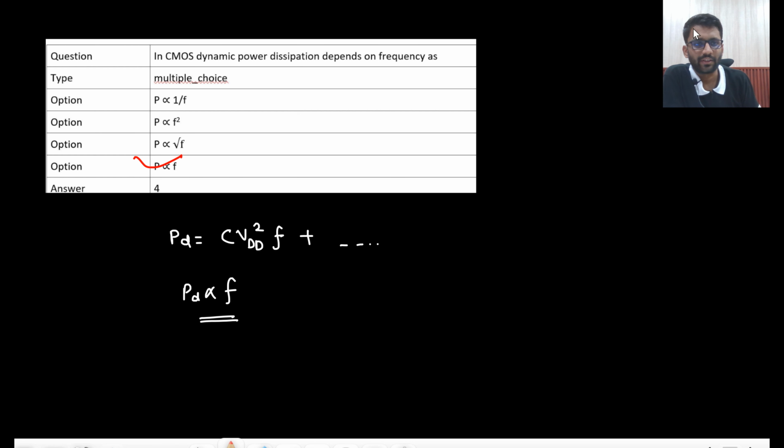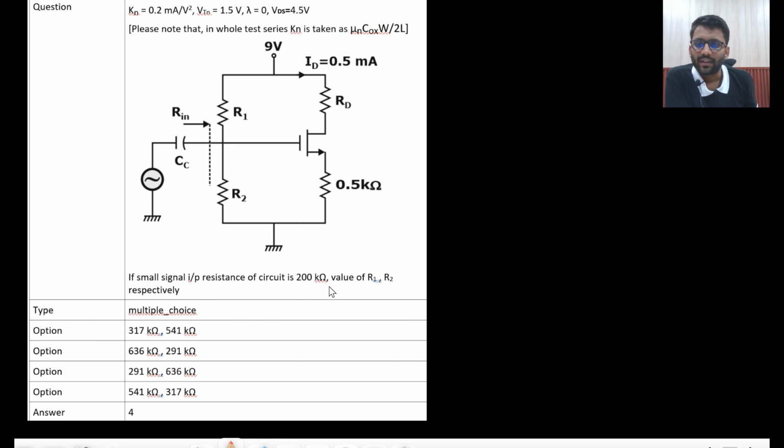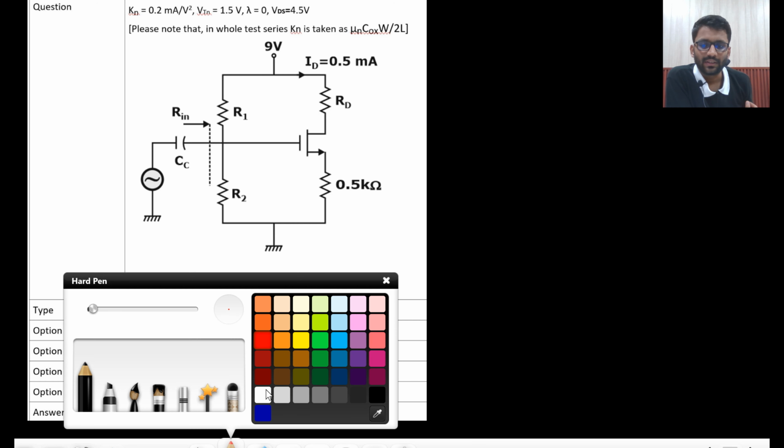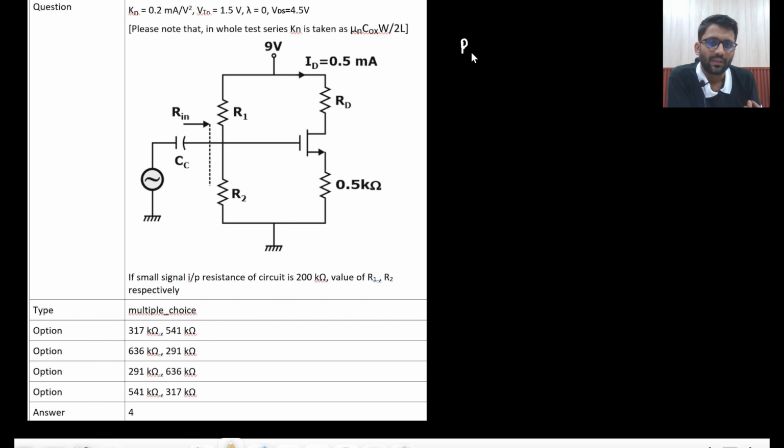Now, what they are saying is the input resistance is equal to 200 kilo ohm. What is the input resistance? That is R1 parallel R2. So R1 parallel R2 is equal to 200 kilo ohm. Now you would think, sir, we will calculate R1 parallel R2, see which one is 200 kilo ohm, then write down our answer. But if you solve all four problems, I guess in all 4 conditions you will get R1 parallel R2 equal to 200 kilo ohm.